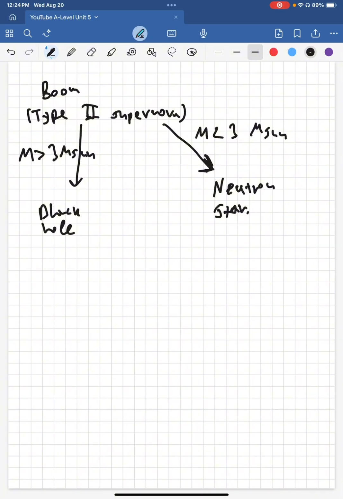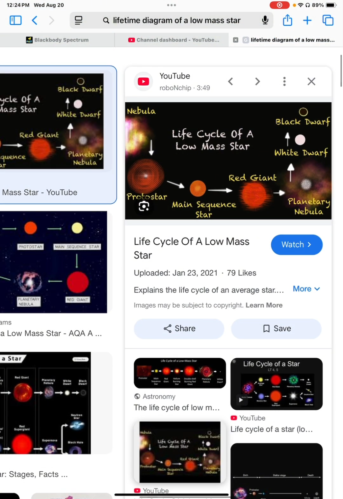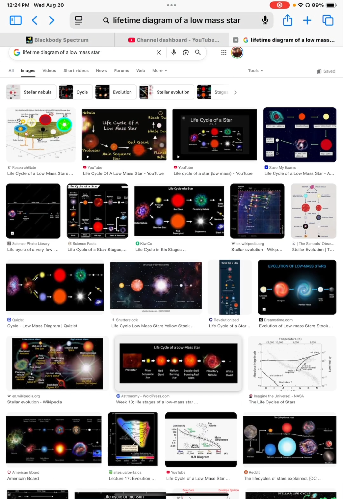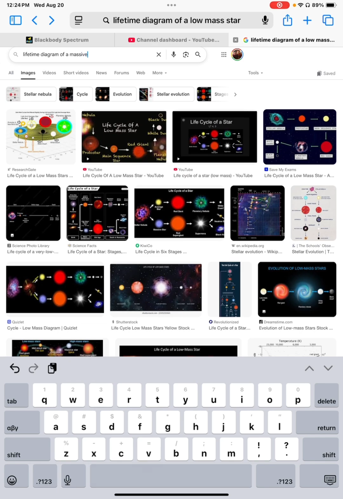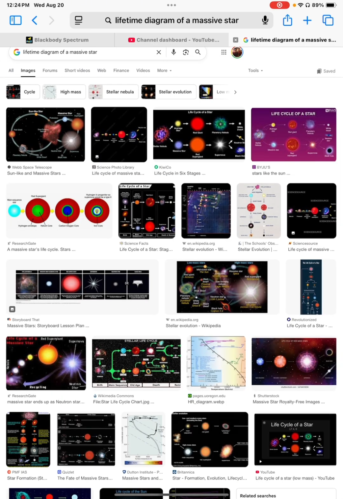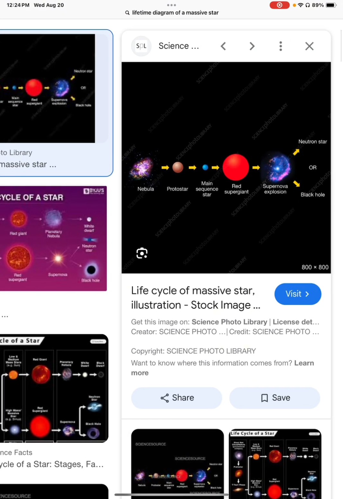So let's go find a diagram of the lifetime of a massive star. Let me show you what's going on. Let's use this, it looks interesting. So we start with a nebula.